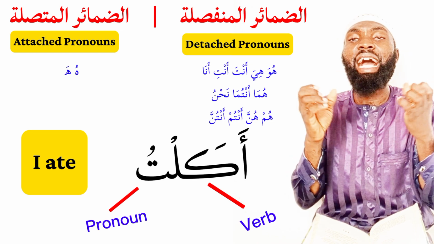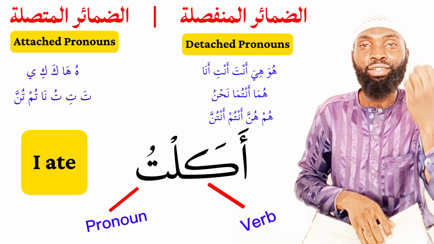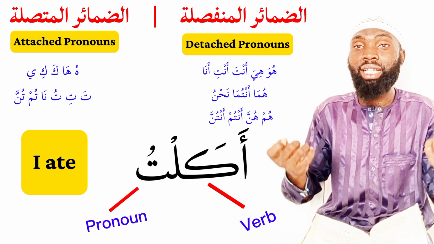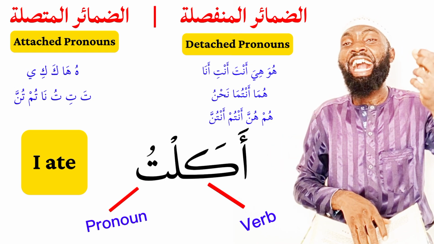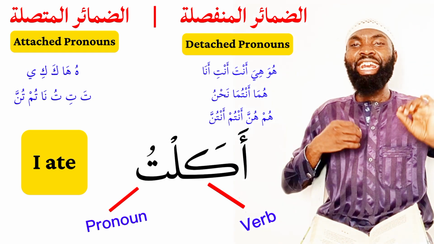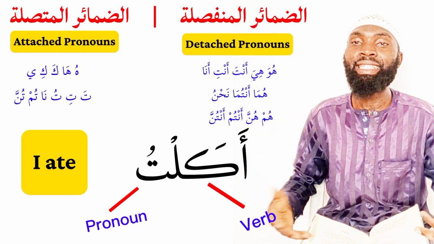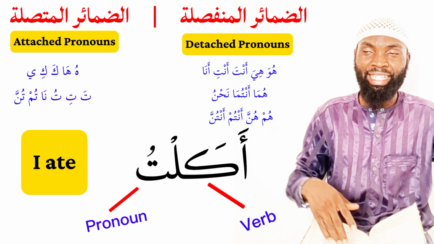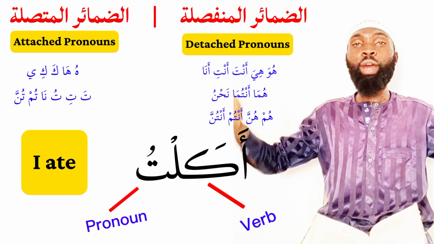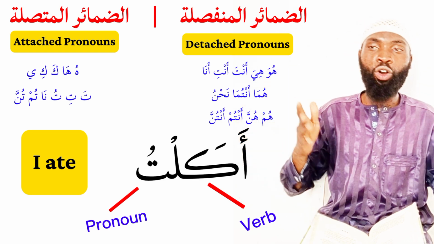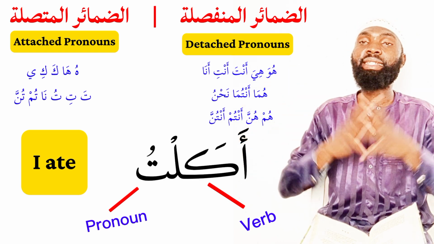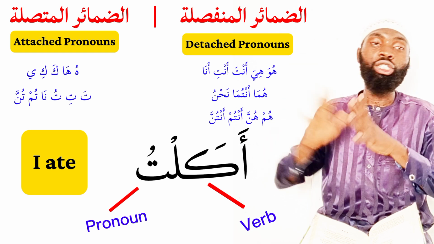These are attached to the verb or sometimes even to the noun. That is why I can say akaltu, I ate. We can also say dhahabtu, I went; dhahabta, you went; dhahabna, we went; dhahabu, they all went. We discussed this extensively in the link placed above. You can watch the video.